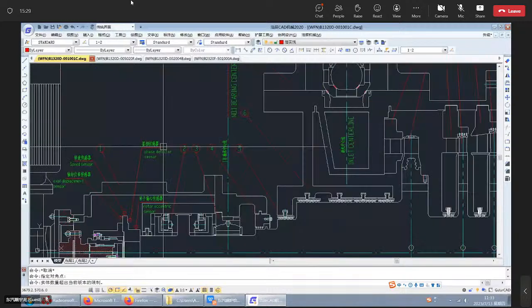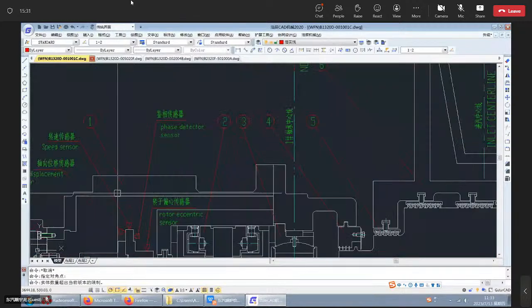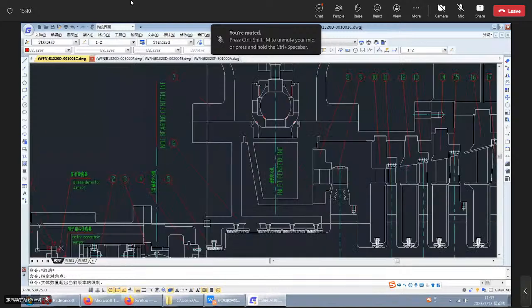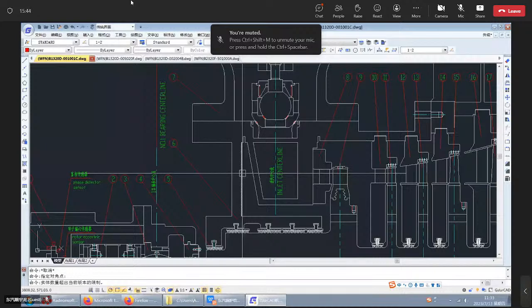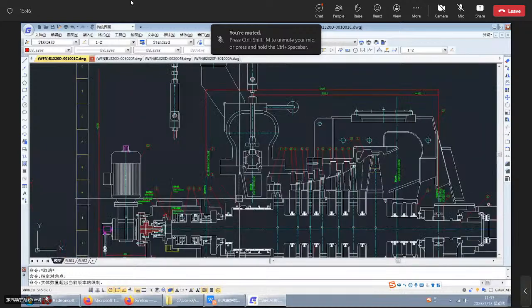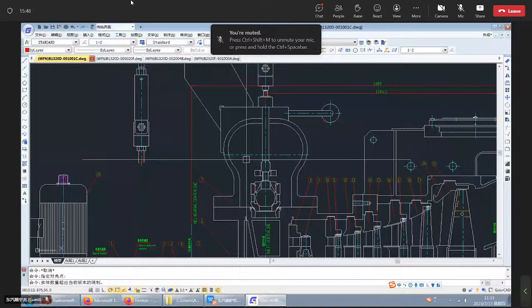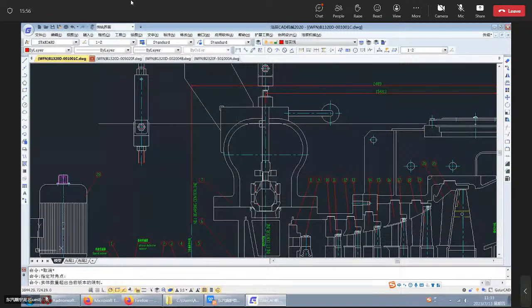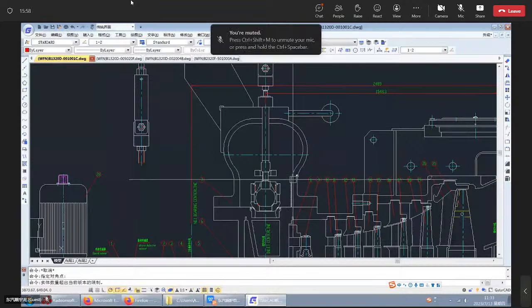Here is the front bearing box, and here is the front cylinder. On top of the front cylinder are the control valves.